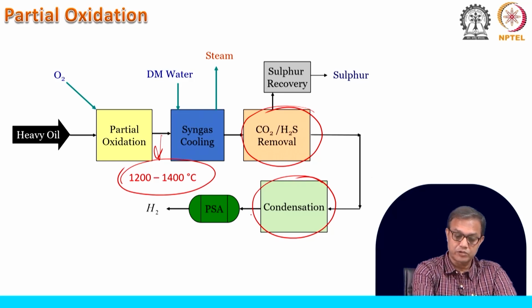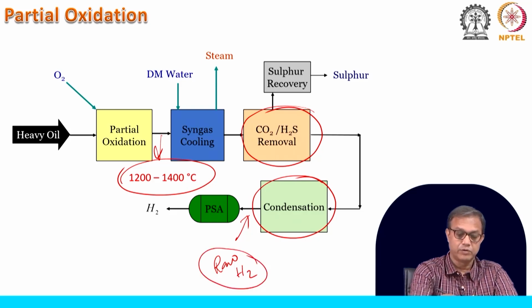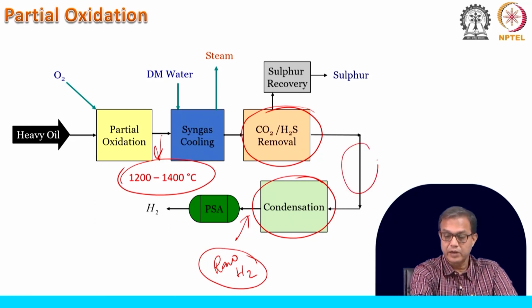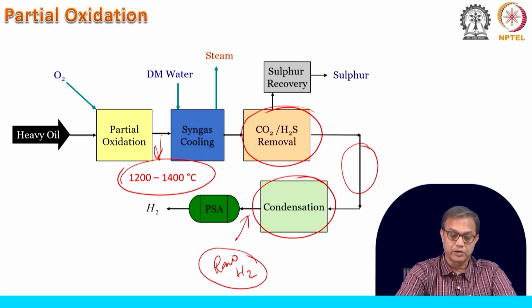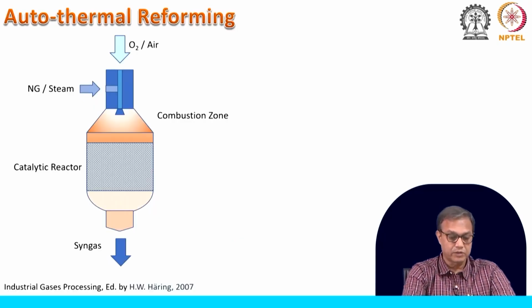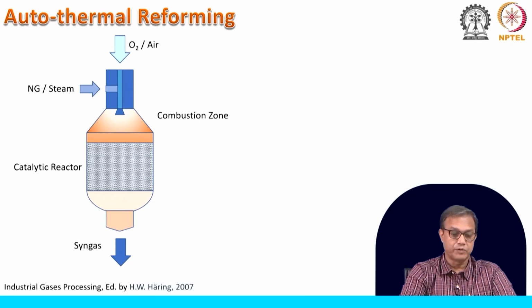This condensation process will generate the raw hydrogen, and this raw hydrogen will finally be purified in the PSA, pressure swing adsorption cycle, to give us the pure hydrogen. What is there in it, and what is getting condensed in this process, we will try to learn in this lecture.